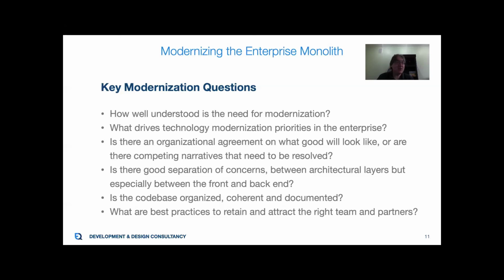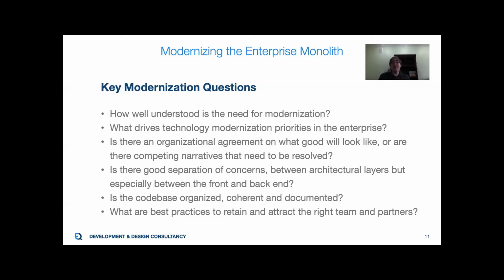The industry's changed, times have changed. There's no point asking why the pyramid was made that way when what you want to do is something different now. Again, is the code base organized, coherent, and documented? This does not drive whether we should modernize. It's just part of the cost and part of the challenge that everyone has to understand.